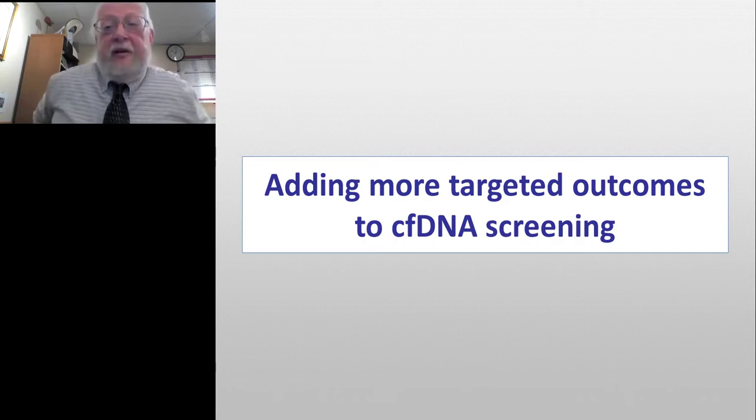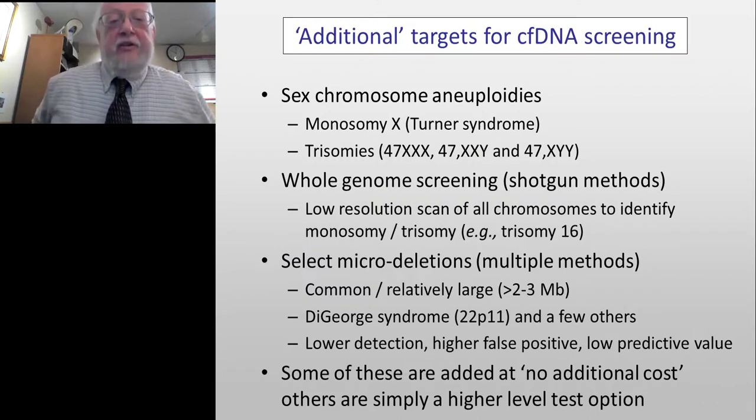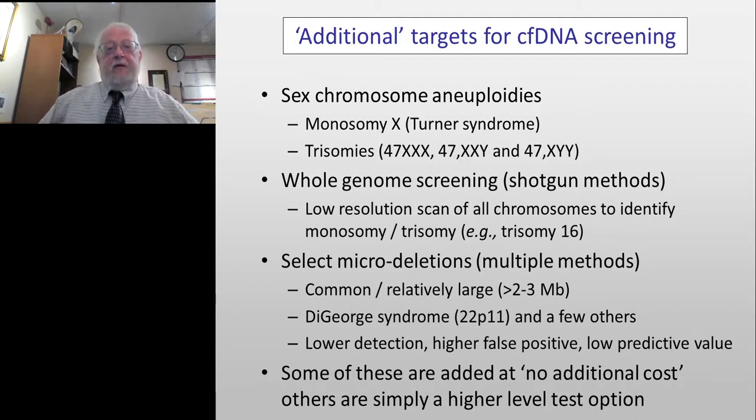Well, they're looking at additional targets, and sex chromosome aneuploidies turn out to be one: monosomy X, Turner syndrome, which you can identify with oftentimes a high NT measurement, and then the 3 common sex trisomies. And obviously, if you're going to do sex chromosome aneuploidies, you're going to figure out what the fetal sex is. And that's something that a lot of couples want to know early.